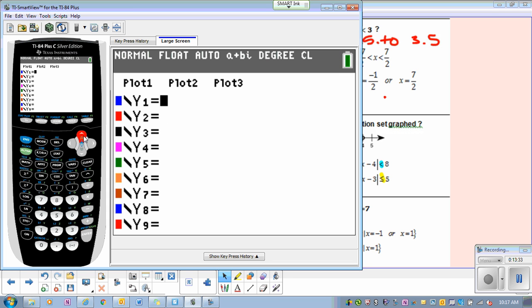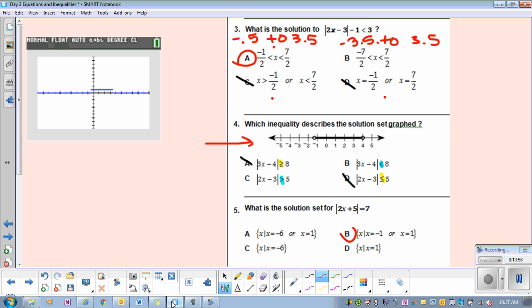Does it look like it? Put in B. Does it look like it? Yeah. So this one, the answer is B. Oh my goodness, what is happening? Okay. All right.